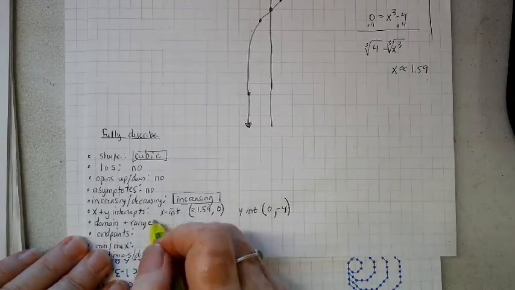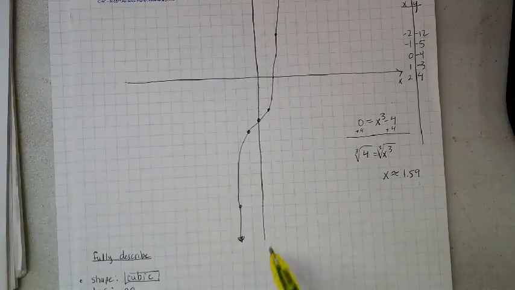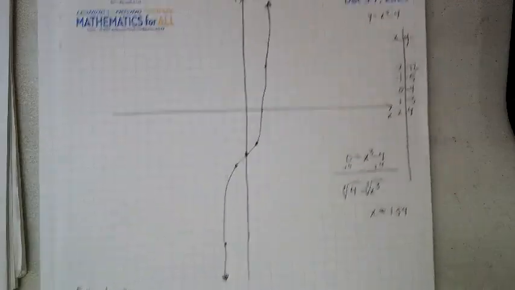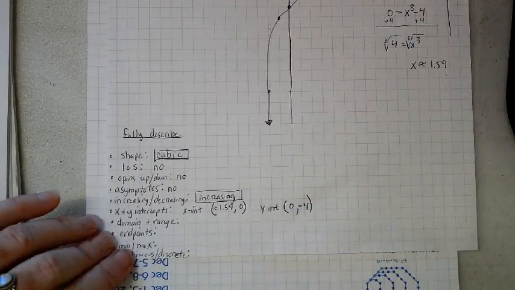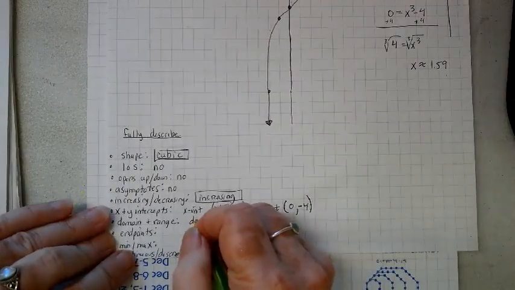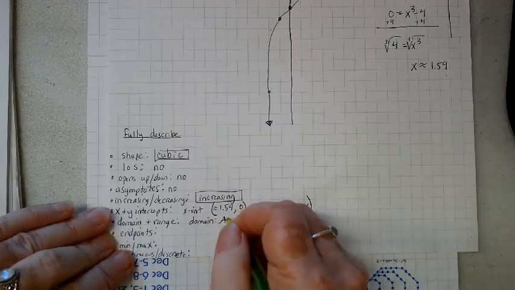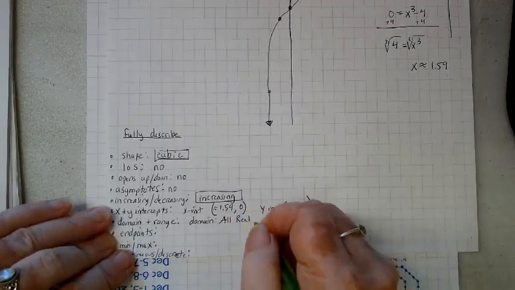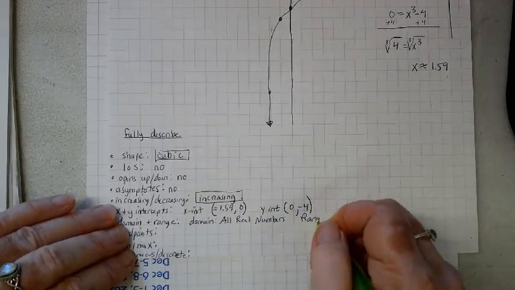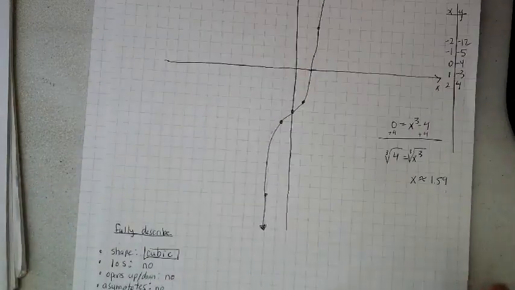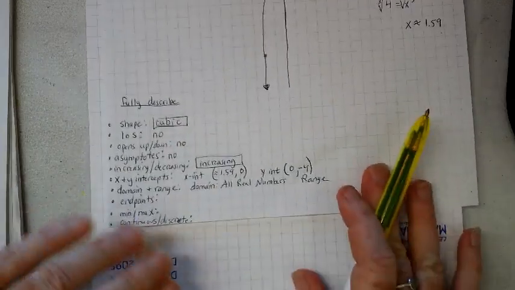Domain and range. I can see that the domain is going to be all real numbers, because even though it looks like it's going straight down, it's flaring out to the right and the left, so the domain is all real numbers. The range, I think the range is also all real numbers, because it's going to go up and up forever and ever, and down forever and ever.